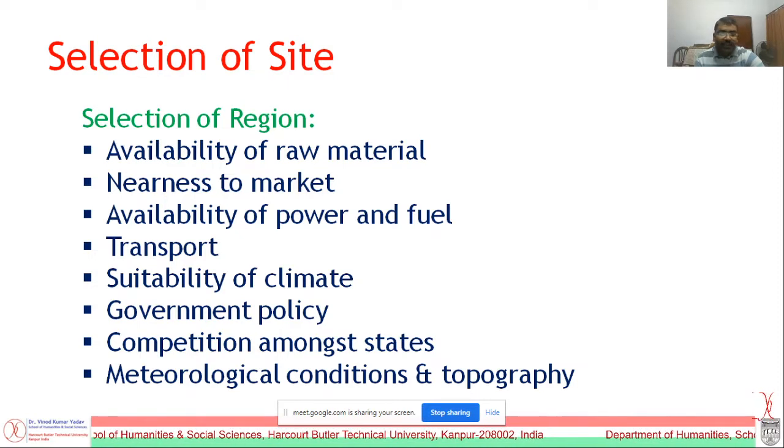But if you look at the last four or five years, foreign direct investment in the industrial sector has been restricted to only some sectors. For example, we talk about the information and communication sector.